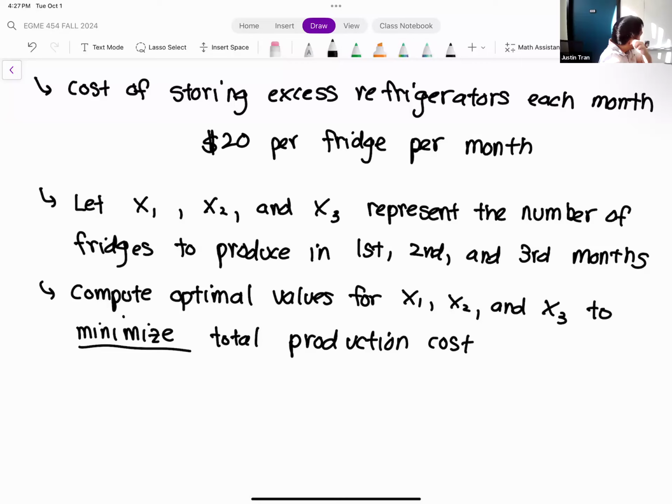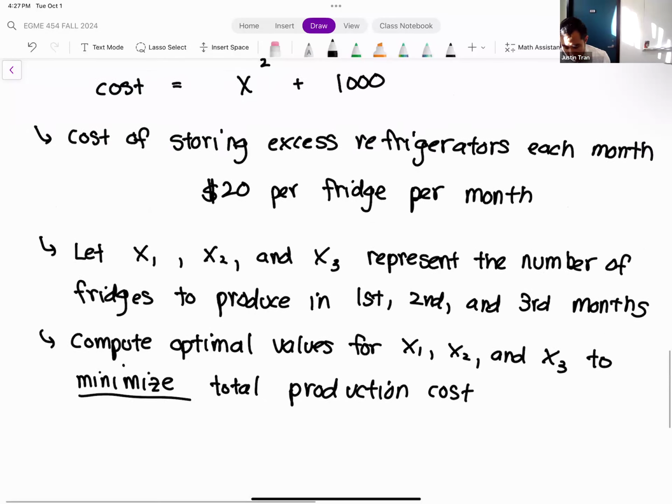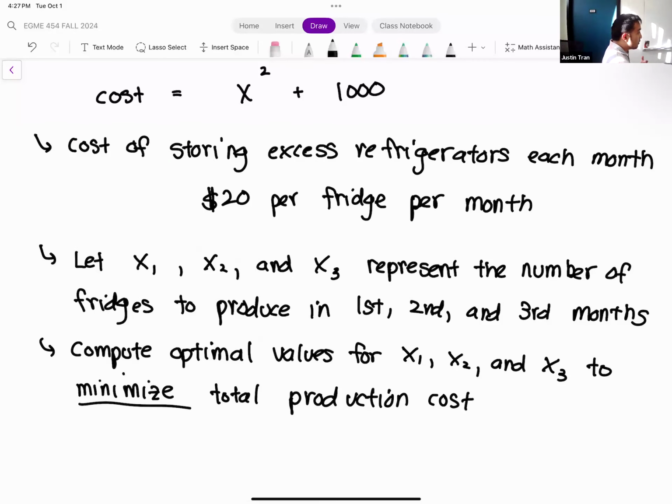Okay. All right, so first thing we're going to do, let's write out our objective function. Because the objective of this problem is to minimize cost, our objective function in this case should represent the total production cost.